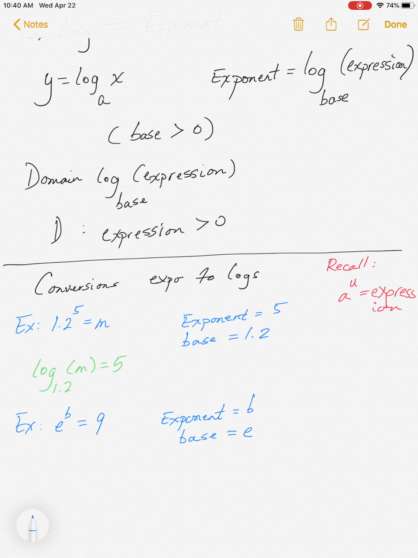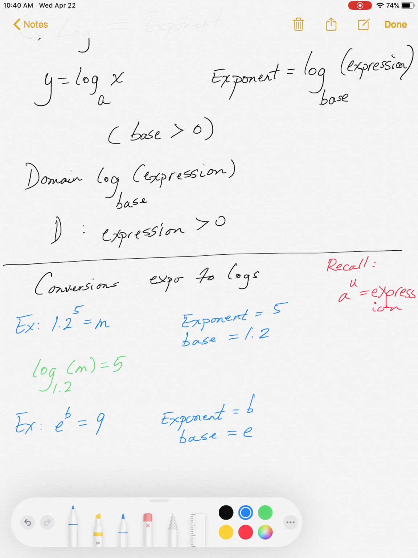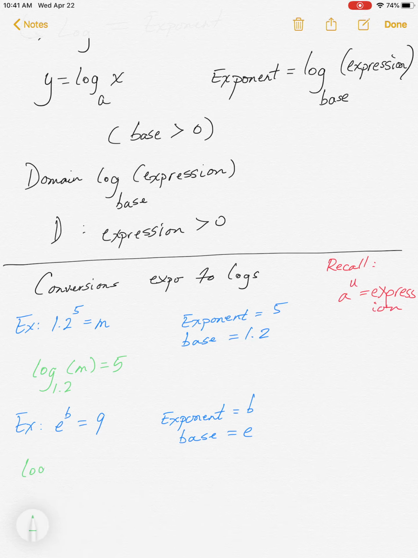The base is e. And the expression would be 9. So your solution in this conversion: log base e of 9 equals b. Logs equal exponents. Don't forget that.